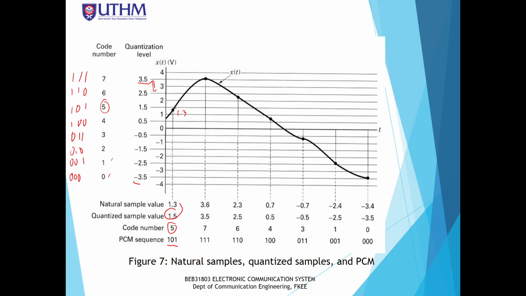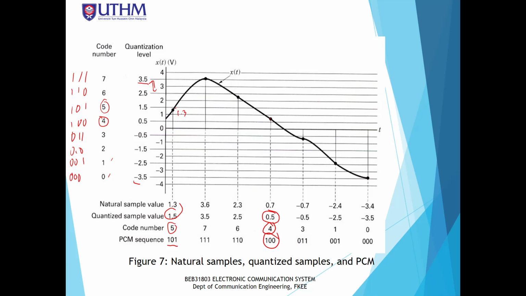And then for example, di sini adalah contohnya adalah 0.7 rounded up to the 0.5 during quantization, and then during encoding we assign with number 4. So the code word would be 100, which is this one, dan seterusnya.